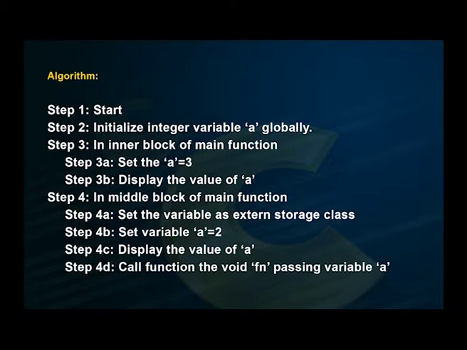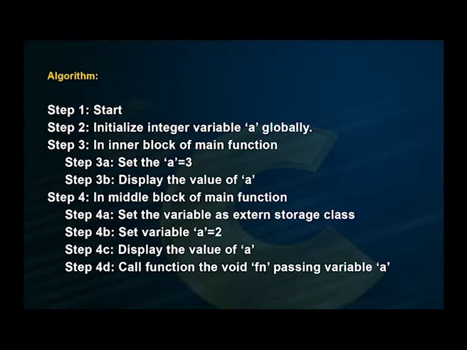Step 1, start. Step 2, initialize integer variable a globally. Step 3, in inner block of main function. Step 3a, set a equal to 3. Step 3b, display the value of a. Step 4, in middle block of main function.